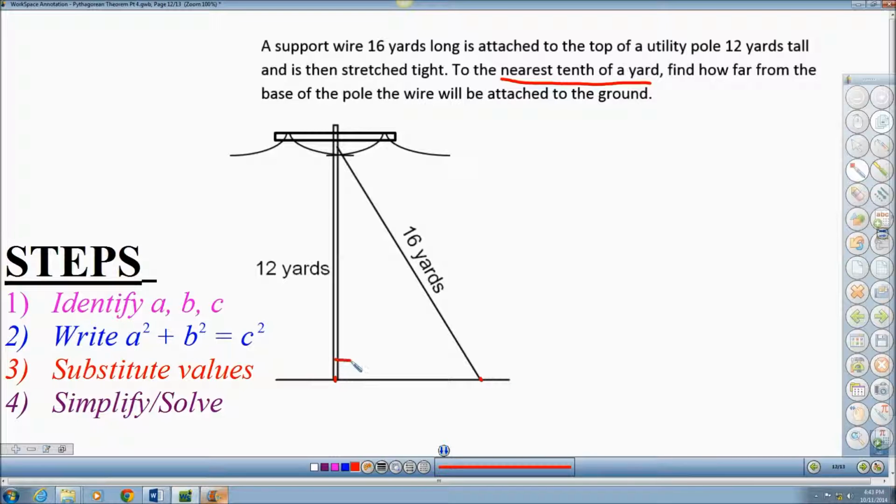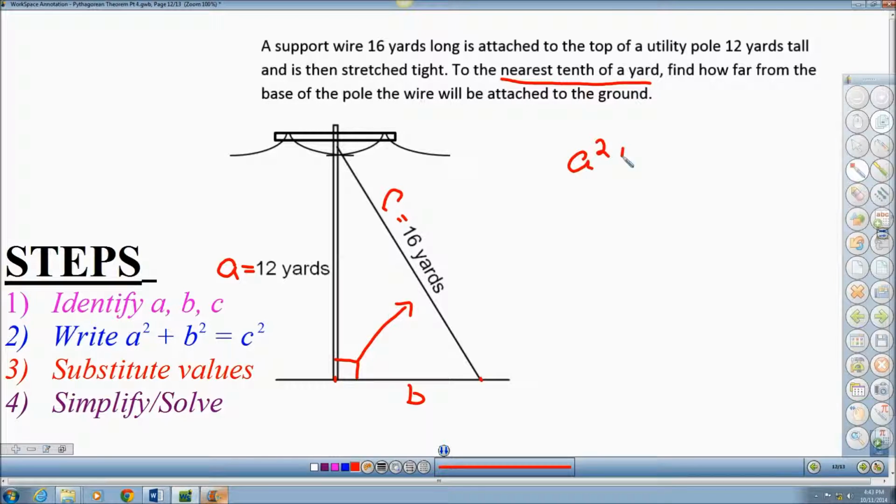Well, this creates a right angle here, making a right triangle. So I label the sides. I always do side C first. So there's side C. I can label this one A, and B is missing. I write out my Pythagorean theorem.